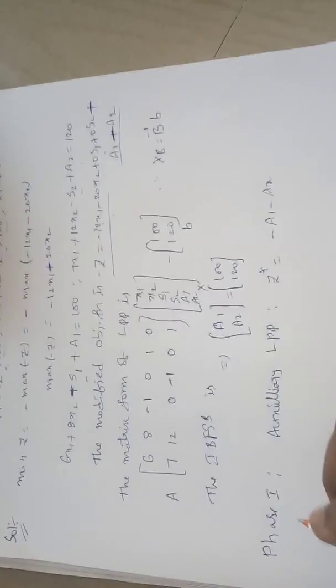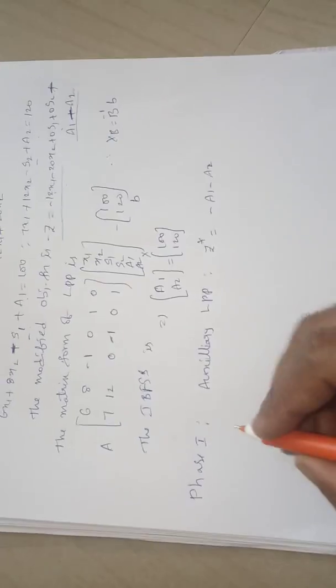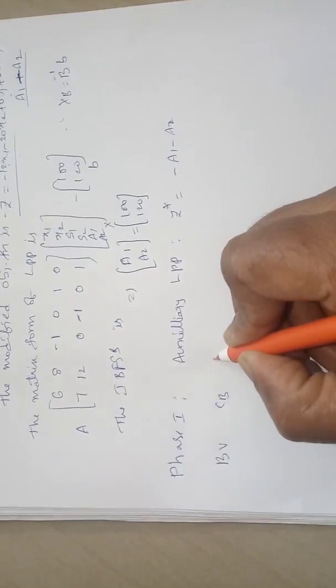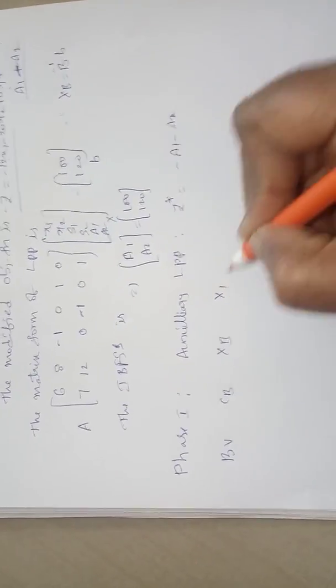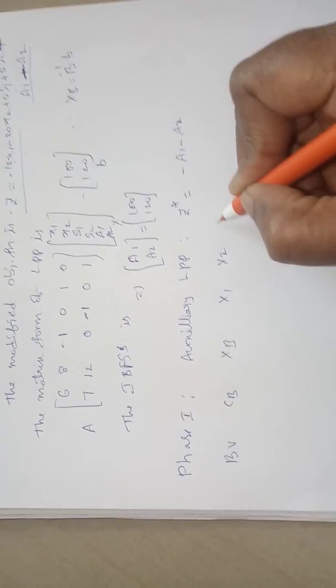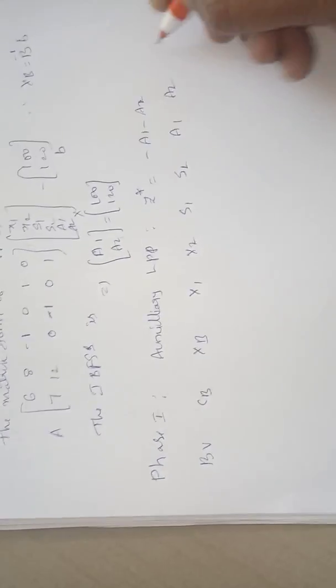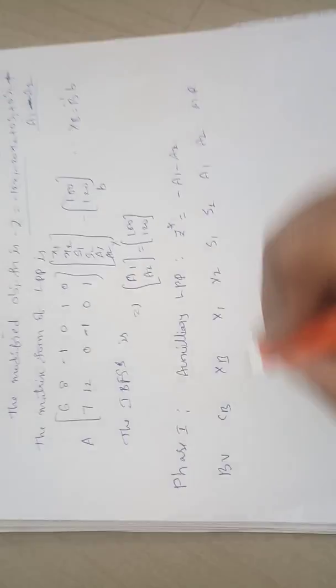As usual, first iteration: basic variable, cB, xB, x1, x2, s1, s2, a1, a2 and minimum ratio.